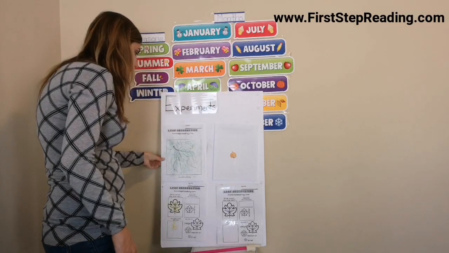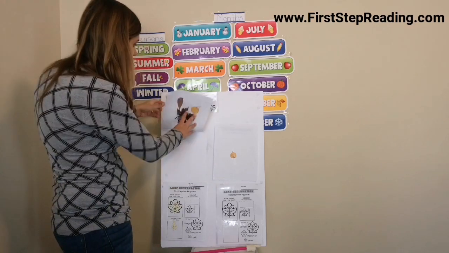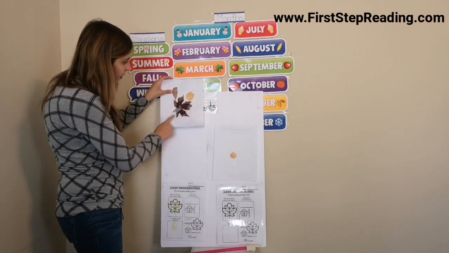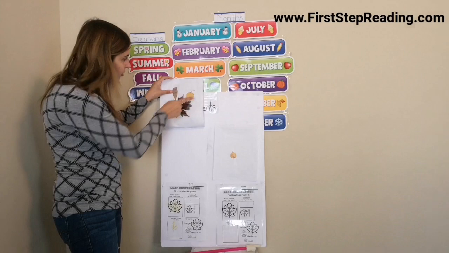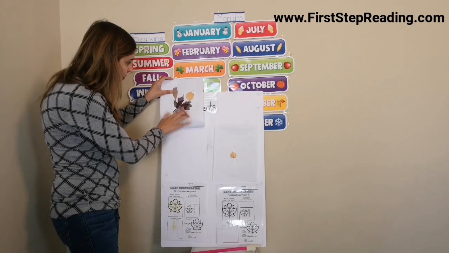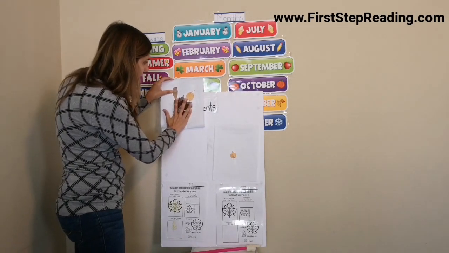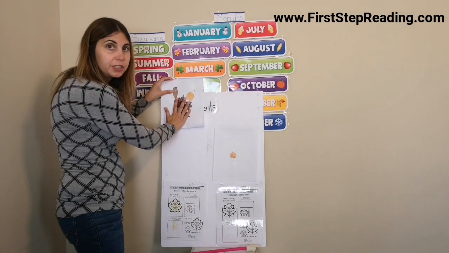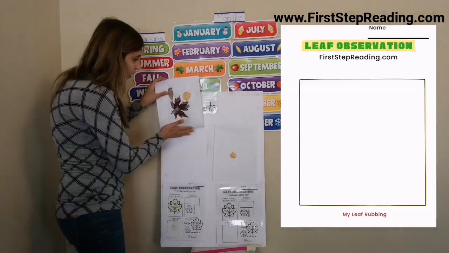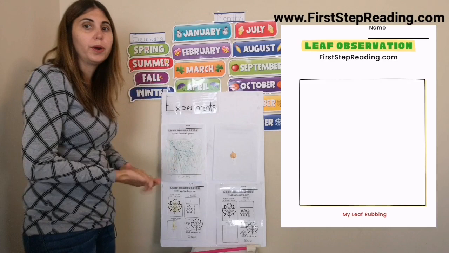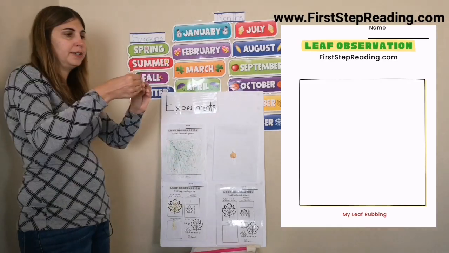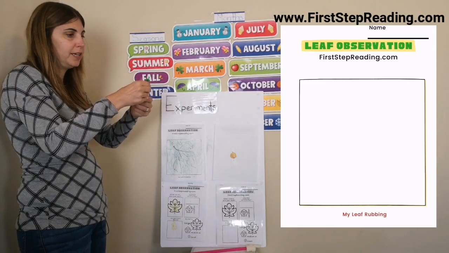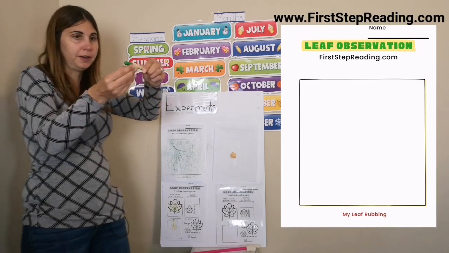So I'm going to show you this one. So you tape your leaf. This one she did for fun, so she did a few leaves. You tape it flat on the back of your leaf observation sheet, the back one. Then you take a crayon, and in order to do this, you have to take the paper off the crayon.